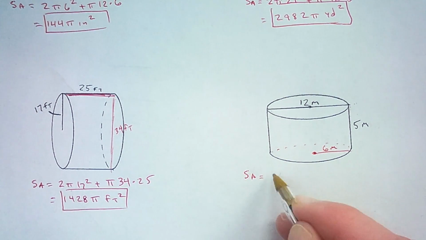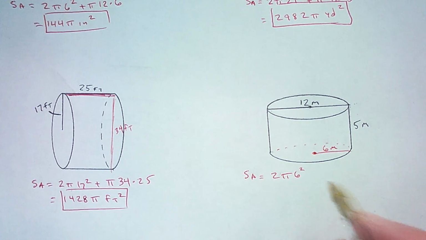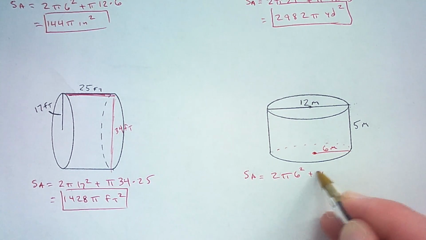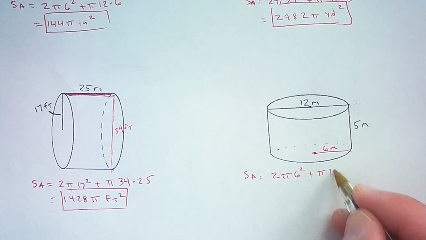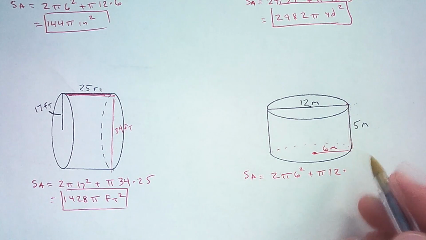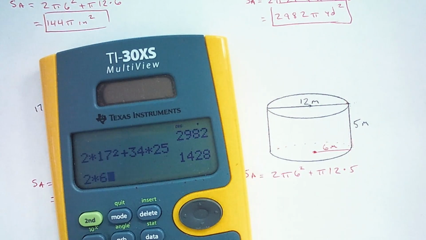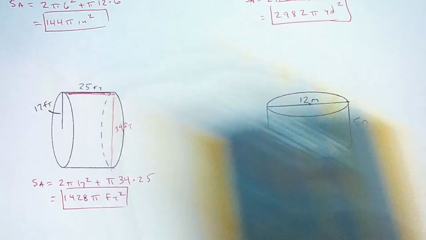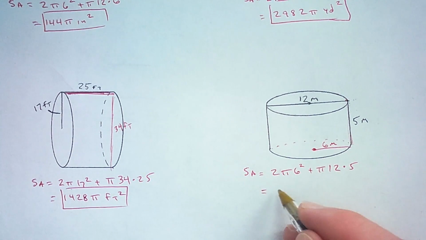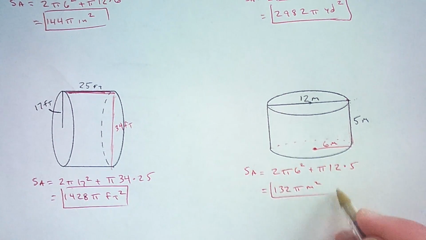So the surface area is 2 pi r squared, so that's 6 squared, plus pi times d, the diameter, is 12, times the height, the distance between the bases, is 5. So we have 2 times 6 squared plus 12 times 5, and that is 132. So our answer here for the surface area is 132 pi meters squared.